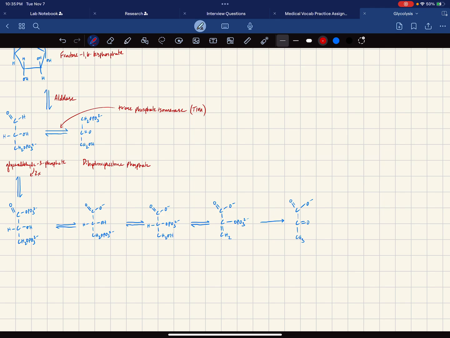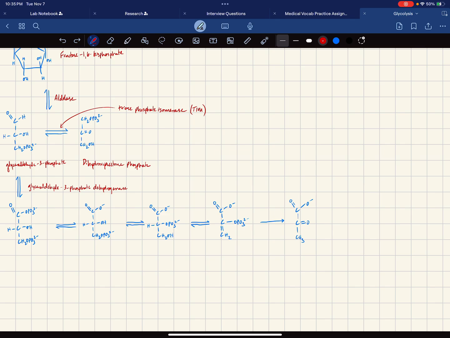So now this enzyme right here is called glyceraldehyde 3-phosphate dehydrogenase. The dehydrogenase part tells you that this is a redox reaction.